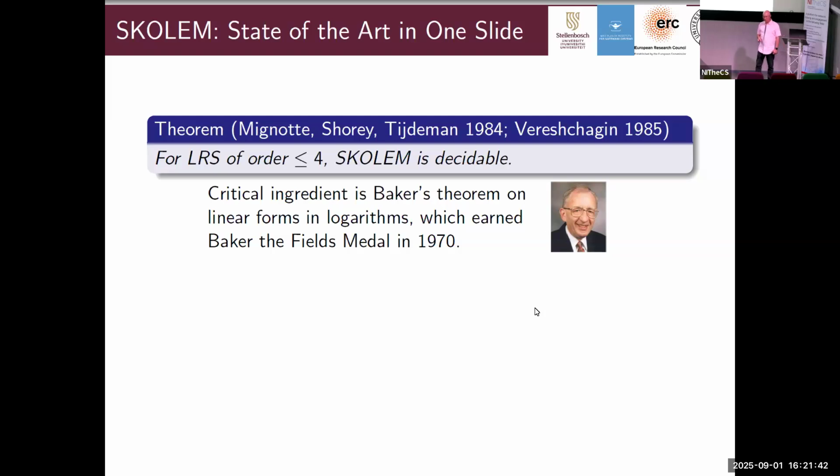If you go to two complex conjugated roots, which are big and everything else is small, here you need some ingredient, which is due to the work of Alan Baker, who was a British mathematician. He passed on a few years back, and it's called lower bounds for linear forms in logarithms of algebraic numbers, some terrible terminology. And it earned Alan Baker the Fields Medal in 1970.